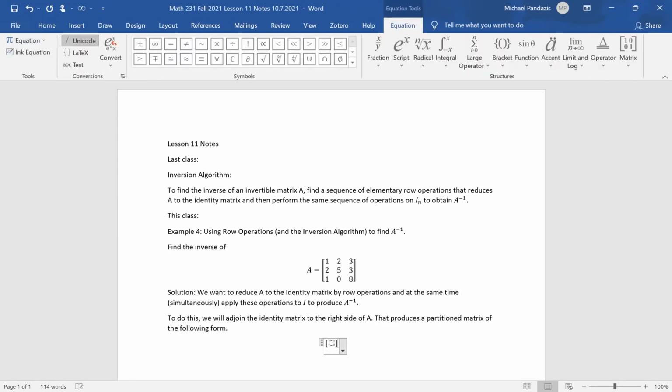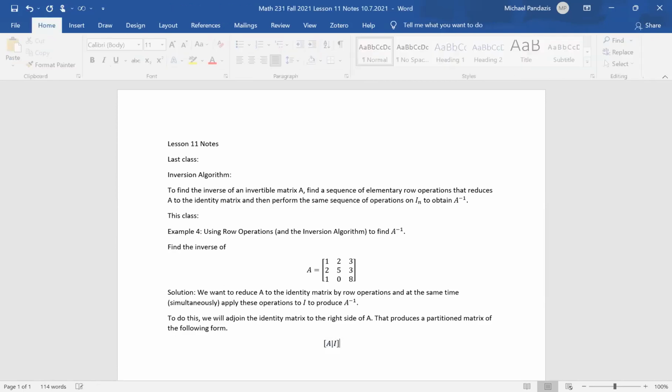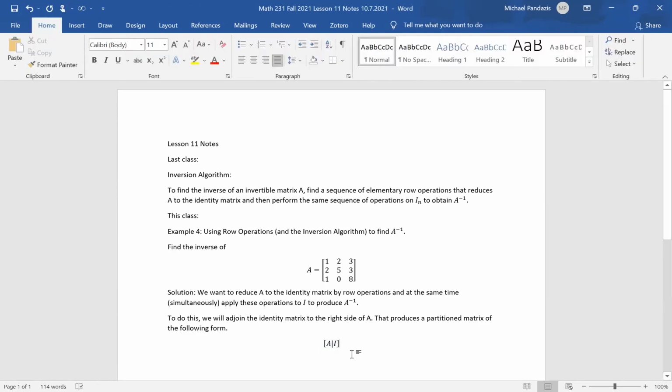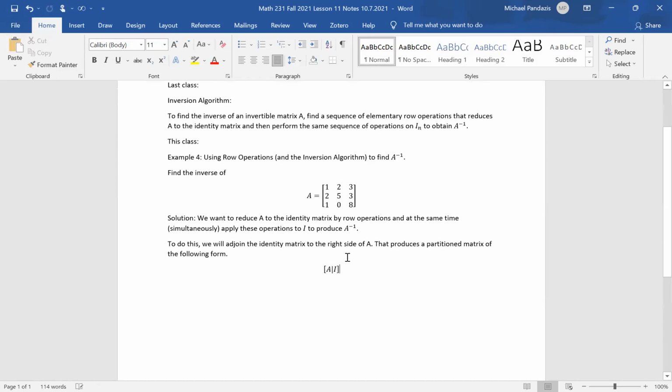So what we'll have is a matrix where on the left side is A and on the right side is I. Partitioned means you're separating it into two parts, the left part and the right part. The left part will be the matrix A, and the right part is I.